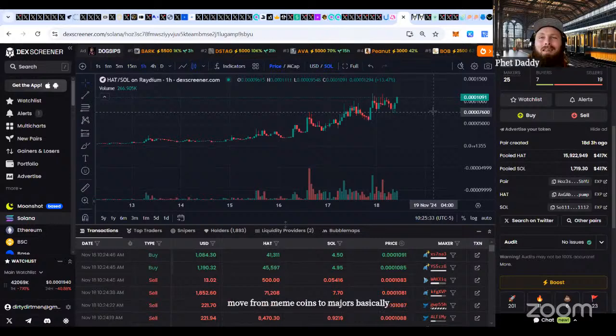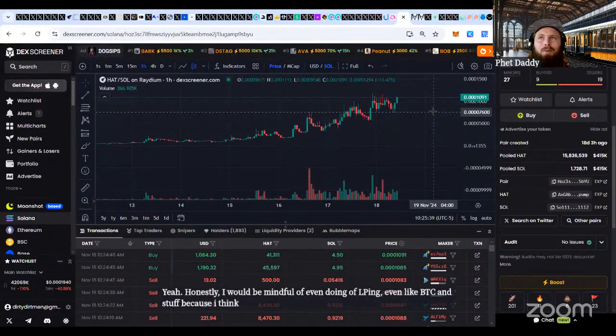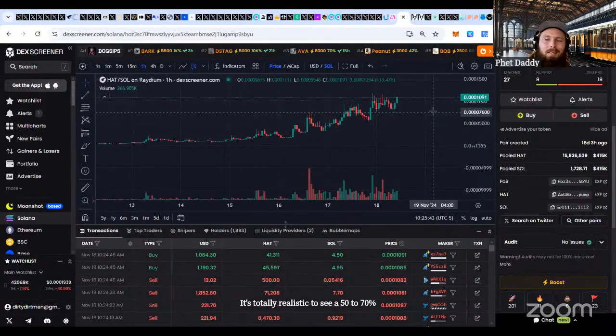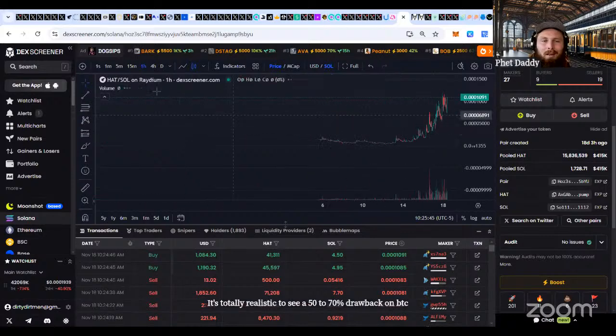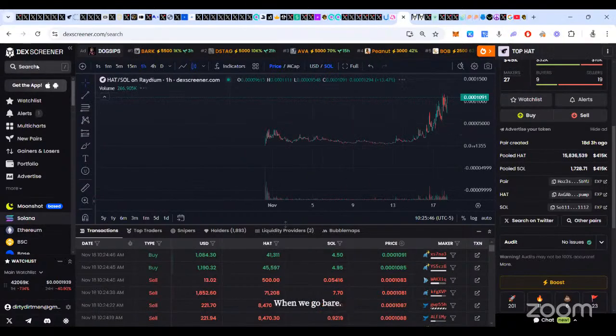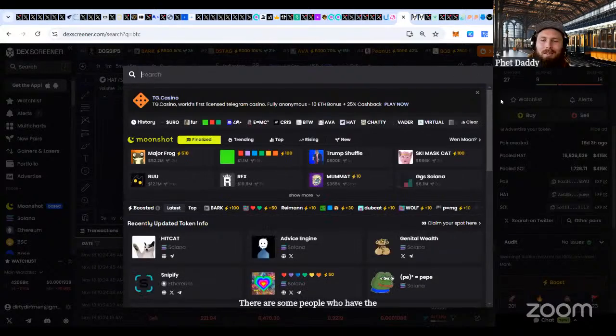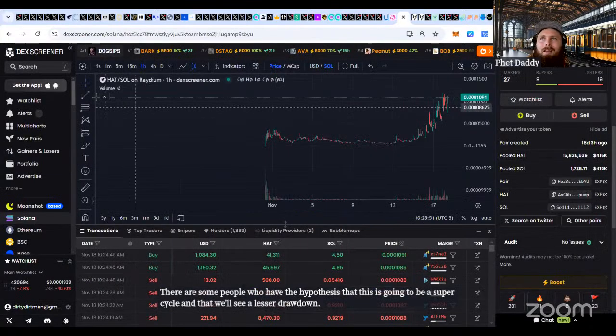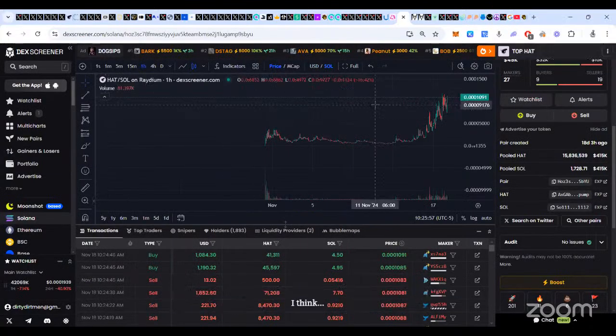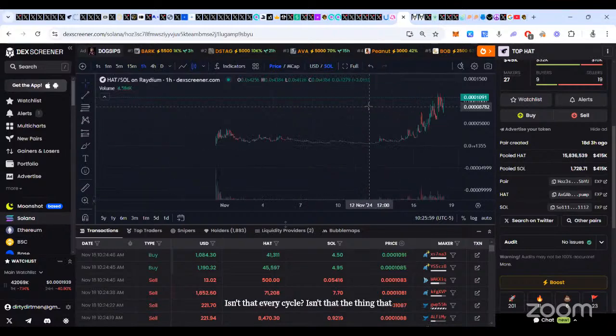Honestly, I would be mindful of even LPing BTC, because I think it's totally realistic to see a 50 to 70% drawdown on BTC when we go bear. There are some people who have the hypothesis that this is going to be a super cycle and that we'll see a lesser drawdown. Isn't that every cycle? Isn't that the thing that sucks you in, that gets you not to sell this time?